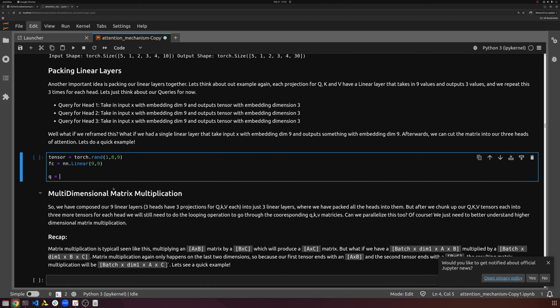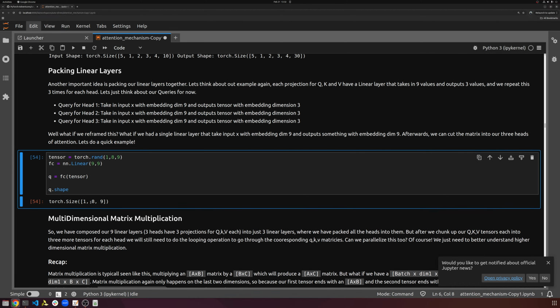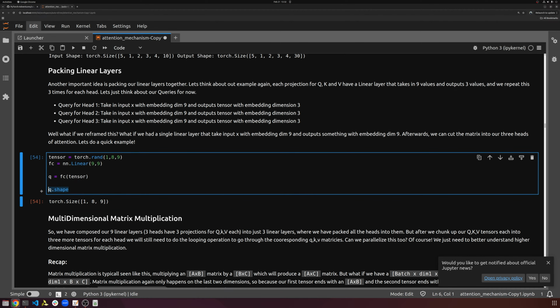And we're going to do Q is going to be fully connected, and we're going to pass our tensor through it. So Q.shape should not be any surprise. It's exactly what you think. But I want to do multi-head attention. So now I need to take this Q and do torch.chunk on Q. We want to cut up Q into 3 chunks along the last dimension.